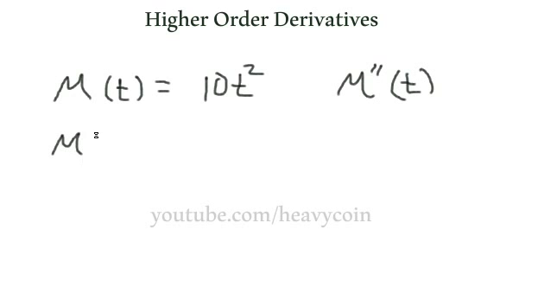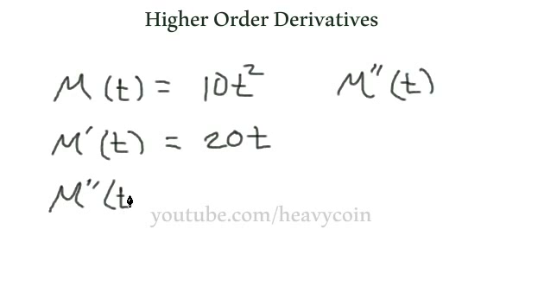So the first thing we have to do is find the first derivative, and that's going to be 10 times 2 is 20t. So that's the first derivative, and then we have to find the second derivative, because that was our goal. And of course the second derivative is just equal to 20.